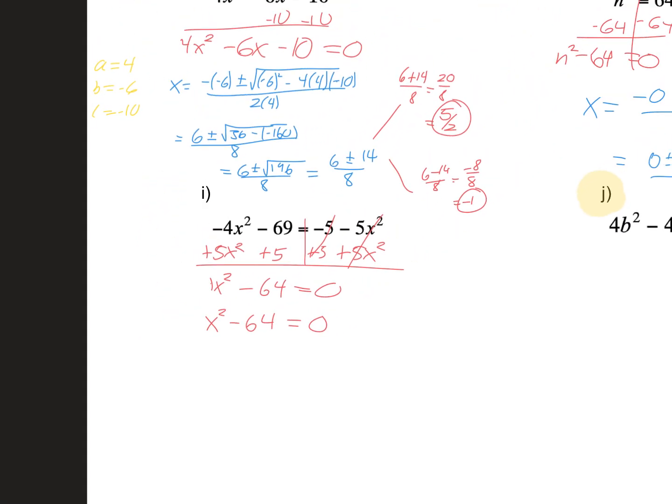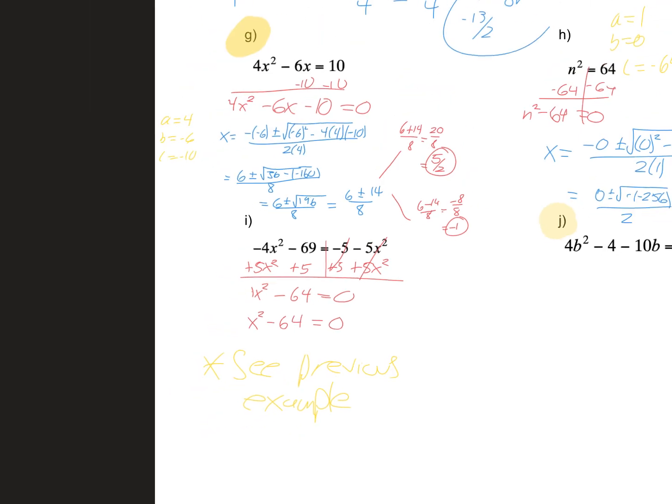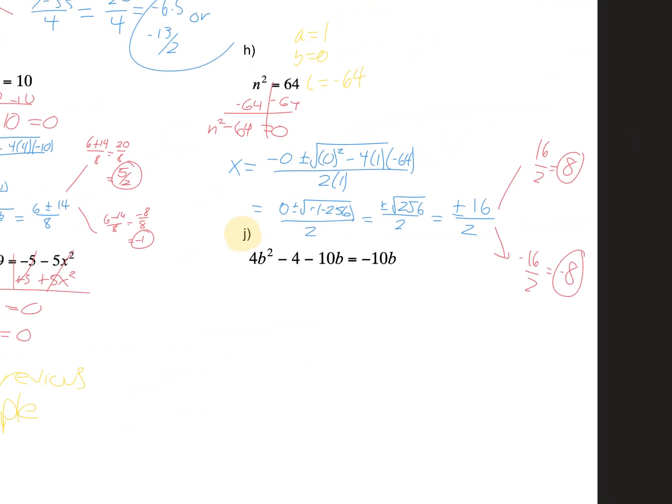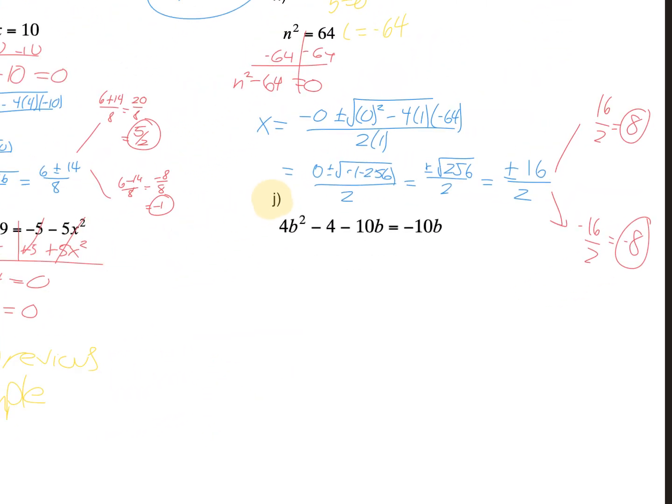So I'm actually not going to do the rest of this one. So see previous example. Because the rest of our work is going to look exactly the same as the previous problem.